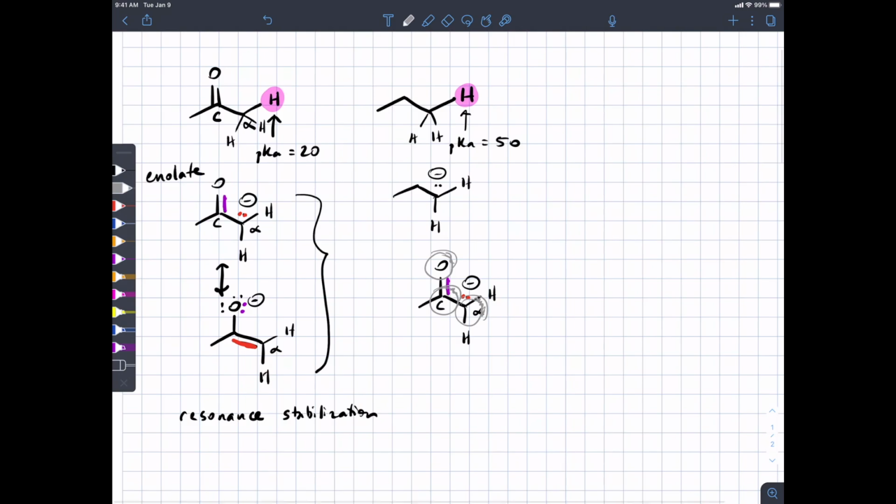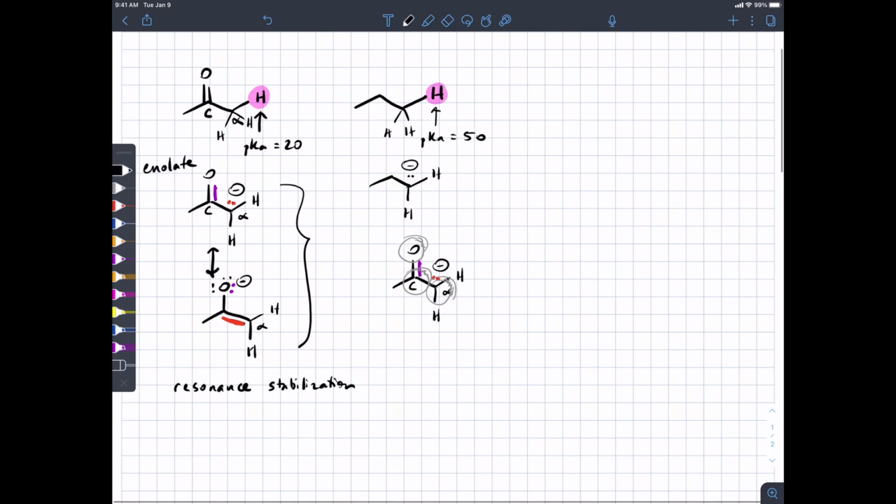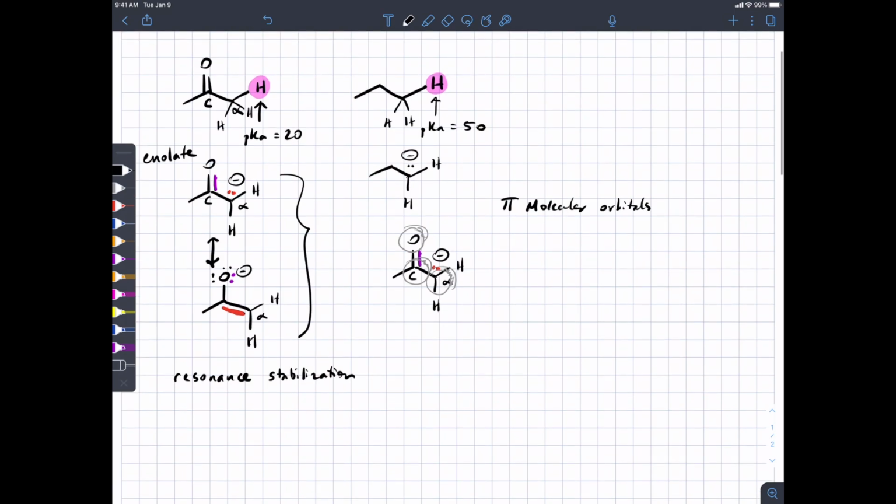In the world of MO theory, you can mix three orbitals together to get three new pi molecular orbitals. The lowest energy one has each of those p orbitals together side by side in phase, or rather with the same wave function sign. There's a node in the plane of the page here.